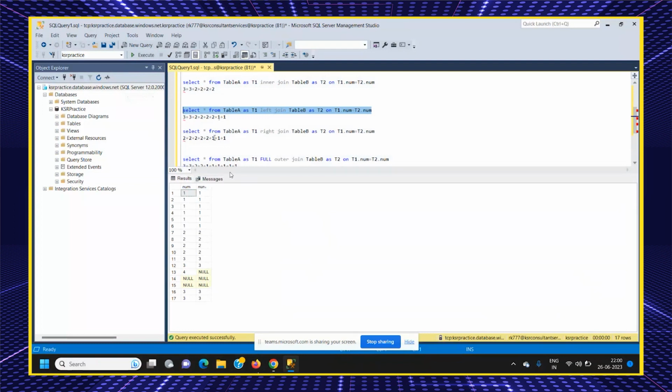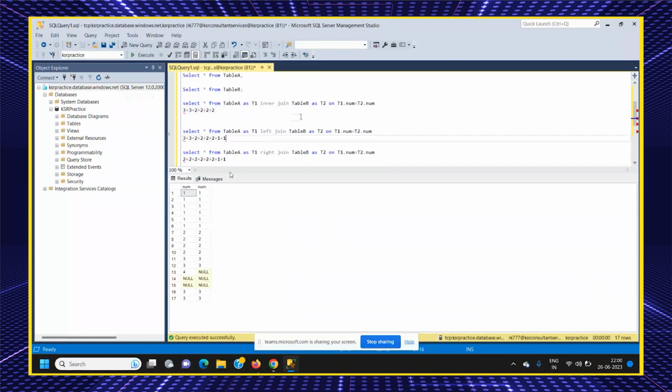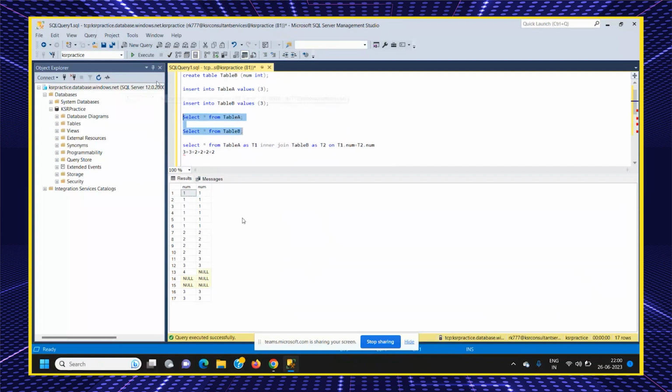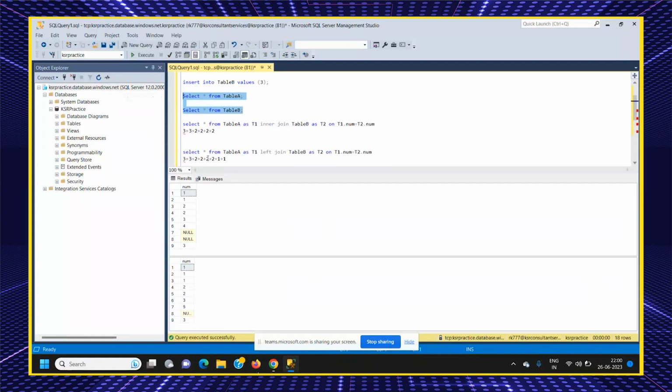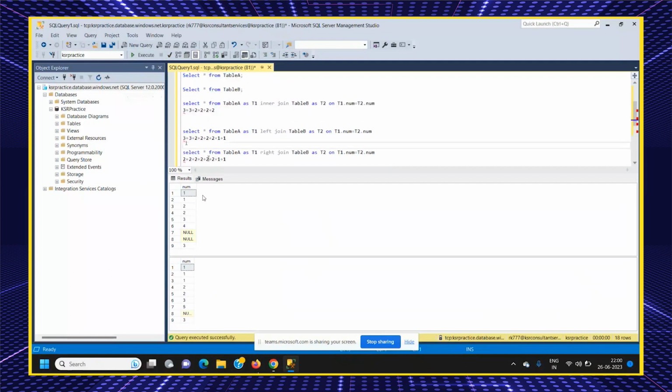For 3, I guess we have an additional 2 here. Sorry, my bad. It would be 17 records. Let's see the records again in case of left join. For every one, we have three similar records.